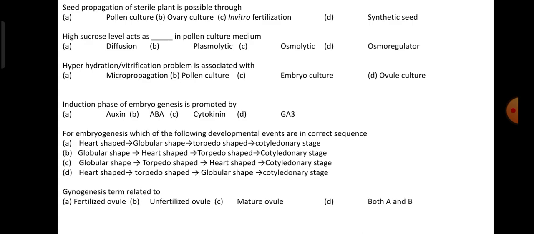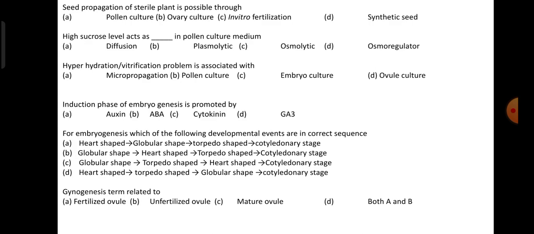Sucrose acts as an osmoregulator. Next question, hyperhydration or vitrification problem is associated with. Options are micropropagation, pollen culture, embryo culture, or ovule culture. Answer here is micropropagation. In micropropagation, hyperhydration and vitrification is the major problem.